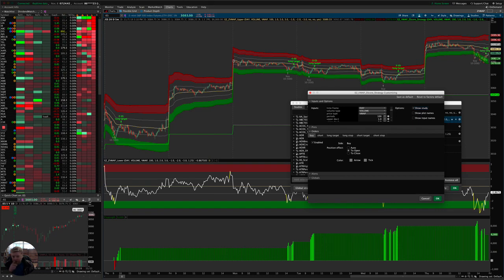The standard deviation is really small first thing in the morning, and then it expands as volatility develops throughout the day. Well, this setting allows us to smooth that out and keep those standard deviation levels at their typical width.